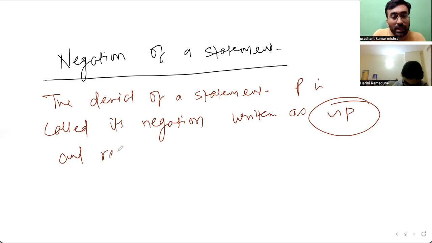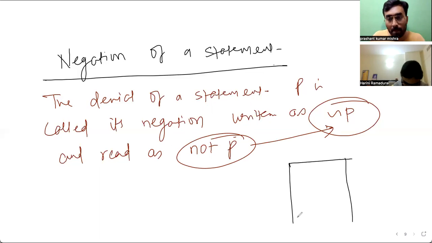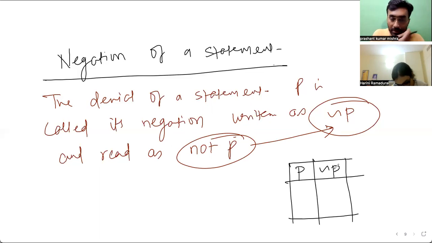And read as not P. So the truth table for the negation is going to be: this is P and this is negation of P. If P is true, the negation will be false.